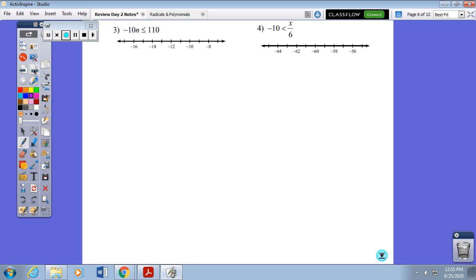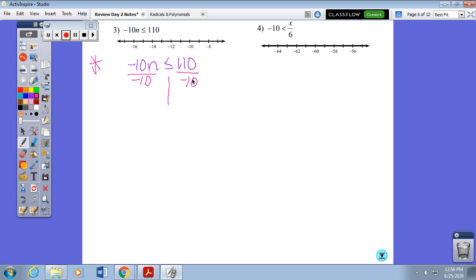These are one step. So again, I'm going to write it down here. We got to talk about, there's a couple special cases. This is going to be one of them. So to solve this, I'm going to divide both sides by negative 10.